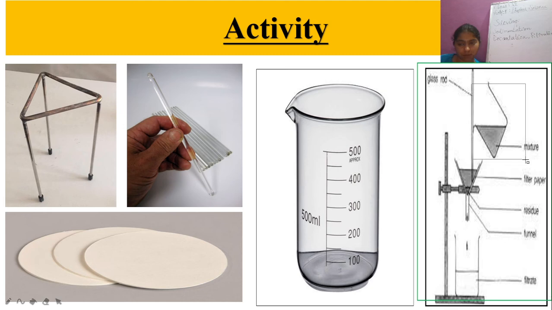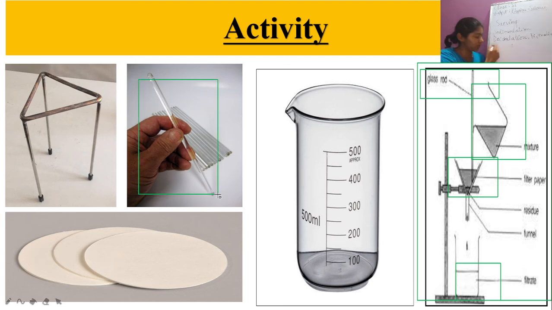A funnel, a filter paper, a glass rod. So basically students, this is a glass rod. This is a tripod stand. And these circular ones are the filter paper.